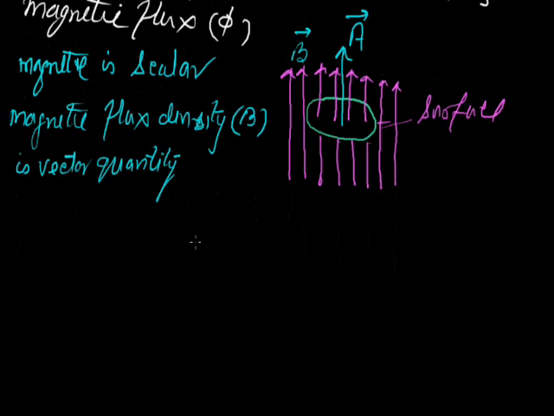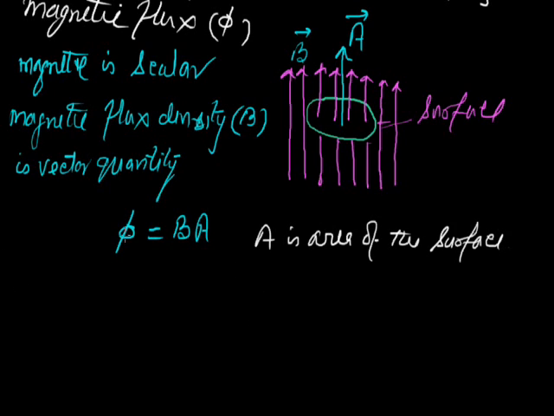According to the definition of magnetic flux, the number of magnetic lines of force passing through total area is known as phi, but through unit area it is denoted by B, magnetic flux density. So the relation between B and phi will be B and A. Here A is the area of the surface.